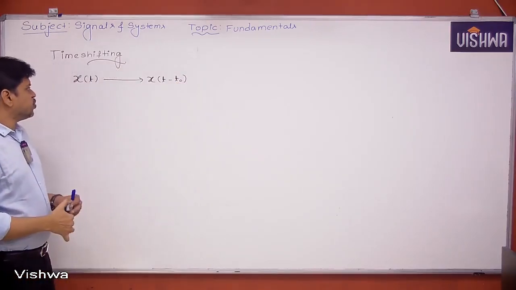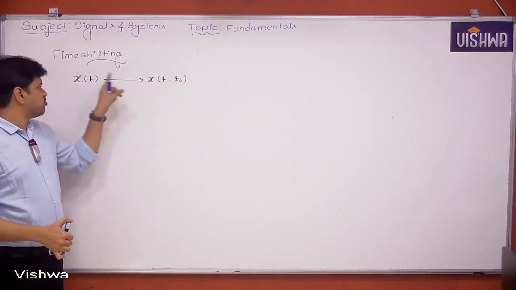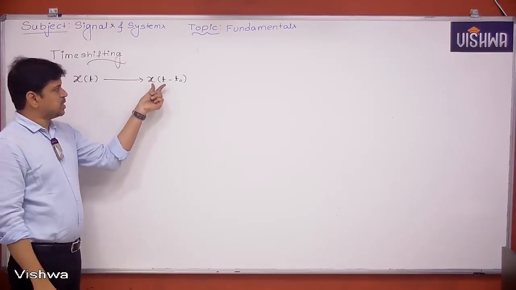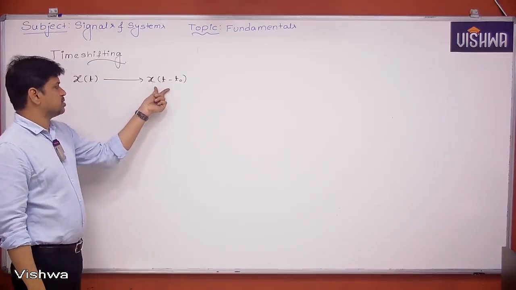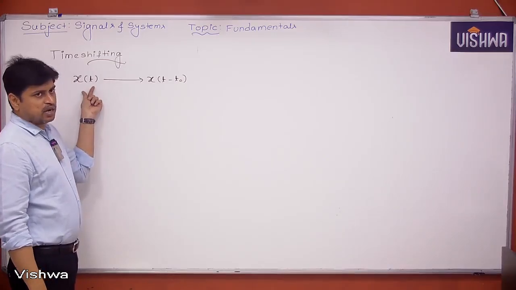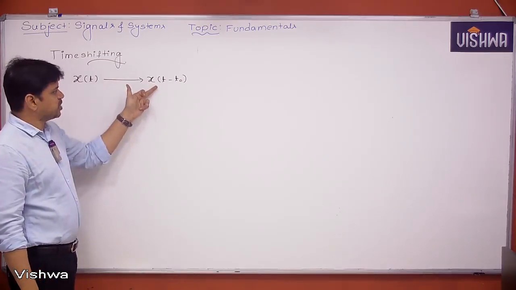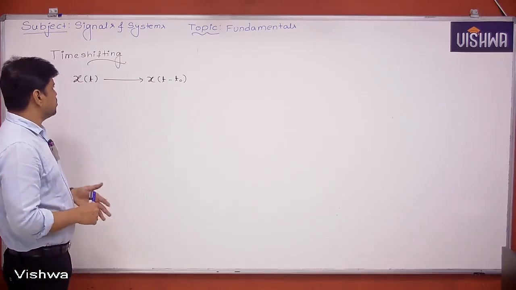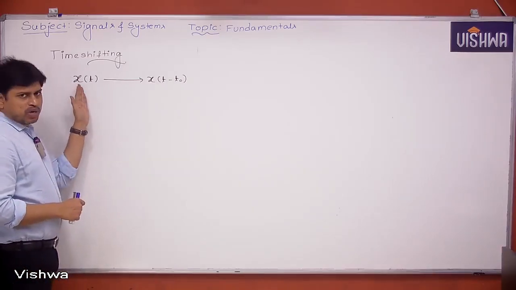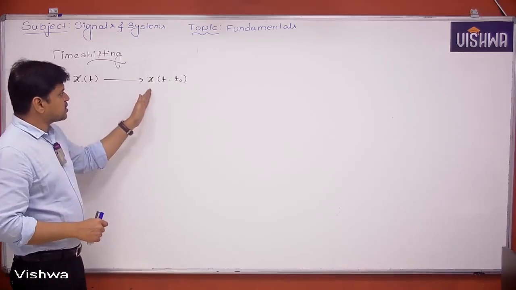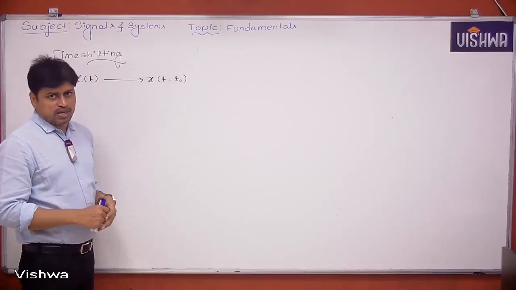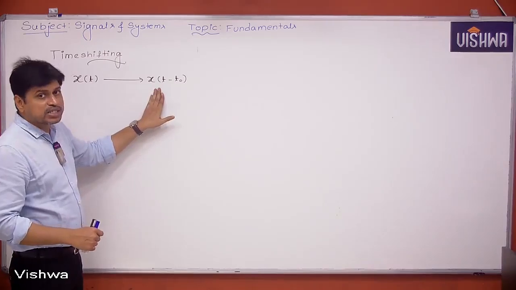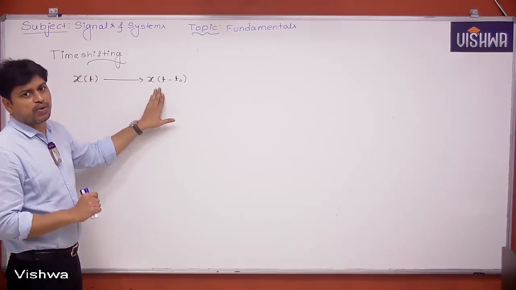If you could find x of t minus t naught from x of t, then the signal x of t minus t naught is called the time shifted version of x of t. If I ask simply, x of t is one function of t, x of t minus t naught is another function of t. From this function to this function, functionally, what are the changes we have included?